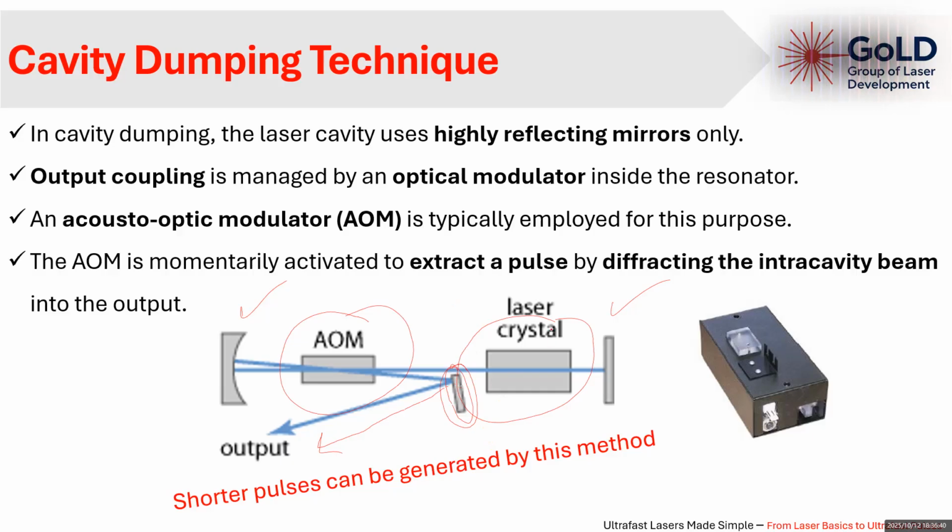So the light is not extracted from this side, not from this side. It's extracted by using another mirror in the cavity. Okay, and we get some output.